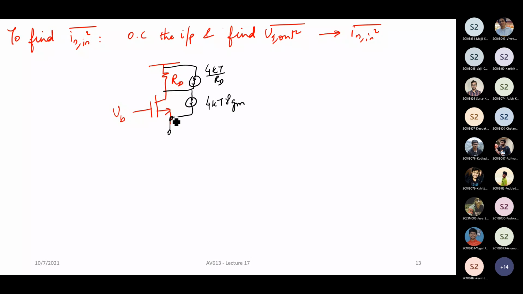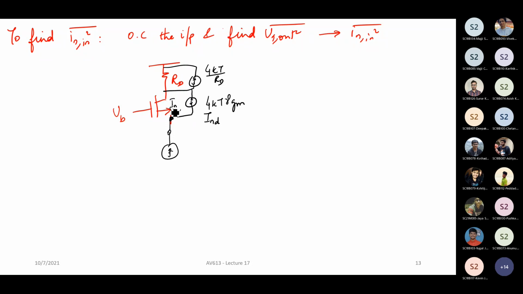Now, at this particular node, if you do a KCL, what do you get? Let's say this is INT, and let's say this is ID, the drain current of the transistor. Now, this 4kT gamma gm has to flow through ID only. It has to flow through the transistor only, because even though you model it as a current source, otherwise the circuit doesn't get completed.